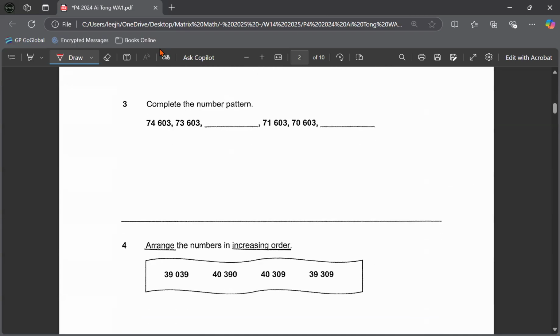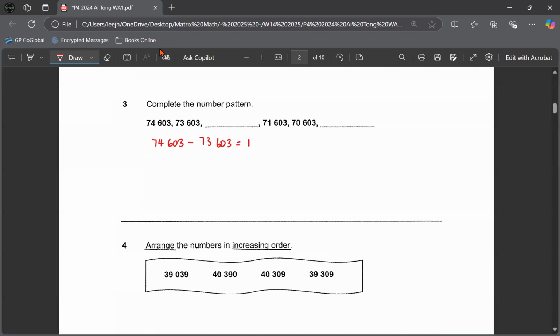Okay, question number 3. Complete the number pattern. So if you observe the pattern here, you can actually see that the number is actually decreasing. So you need to see how much it has decreased. So 74,603 to 73,603. You minus these two numbers to find out what is the difference.